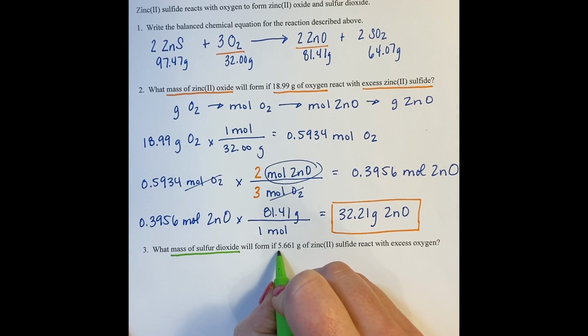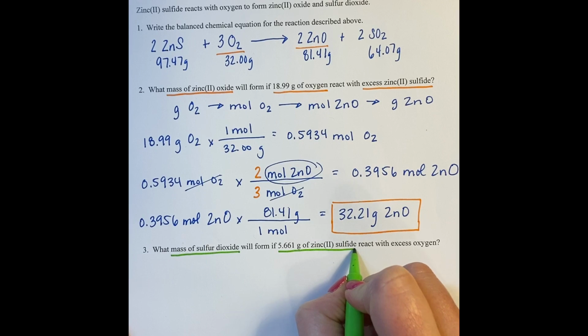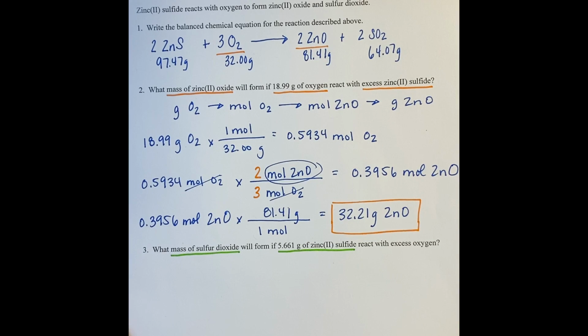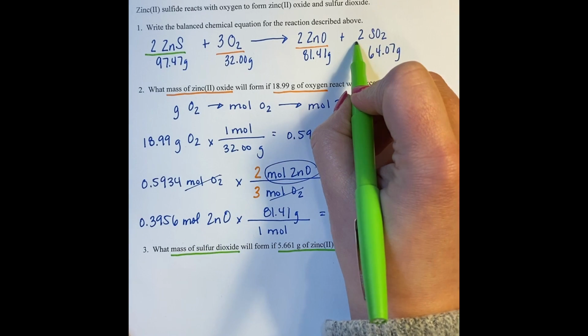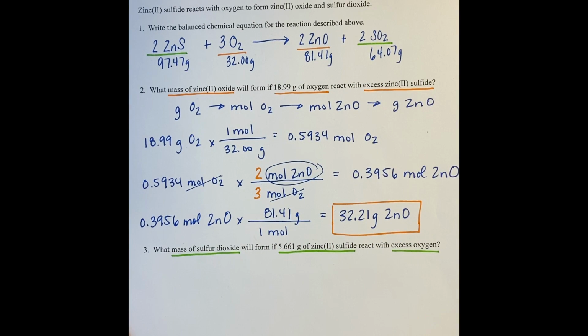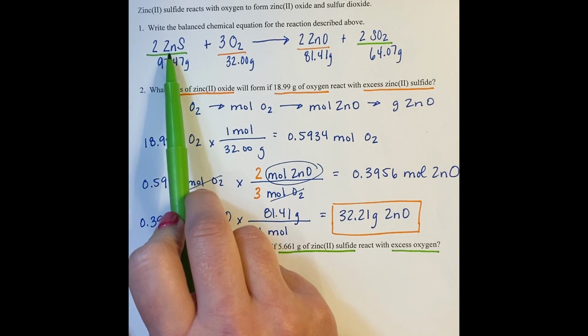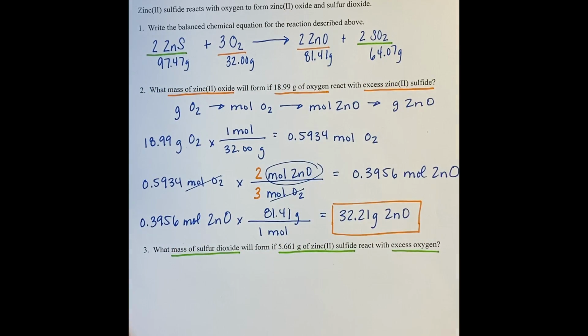I know that I'm starting with 5.661 grams of zinc sulfide, and I know that I have excess oxygen, so oxygen doesn't matter in this problem. I'm focused on the relationship between my 2 moles of zinc sulfide and my 2 moles of sulfur dioxide in the balanced chemical equation. It tells me that for every 2 moles of zinc sulfide that react, 2 moles of sulfur dioxide will form.